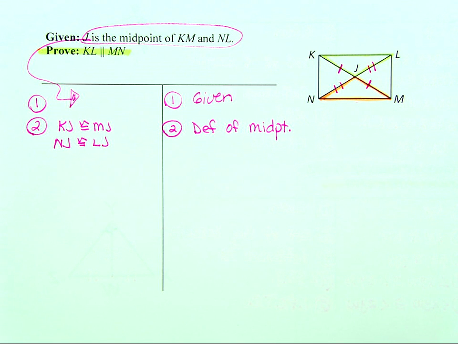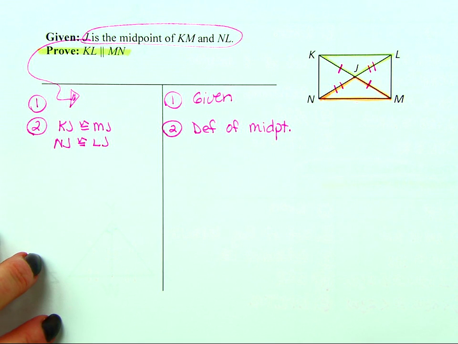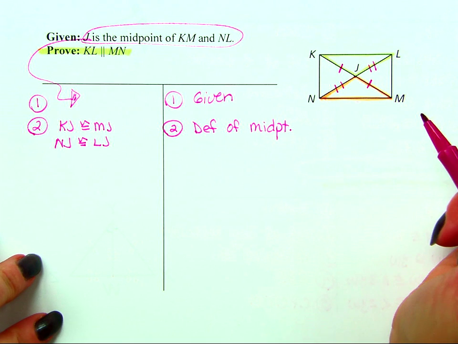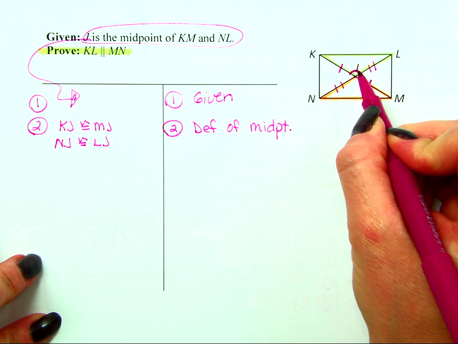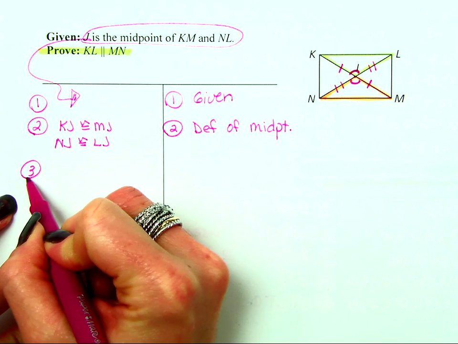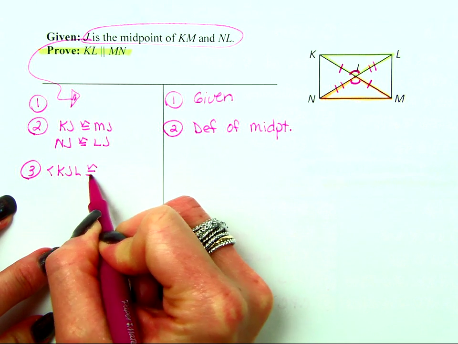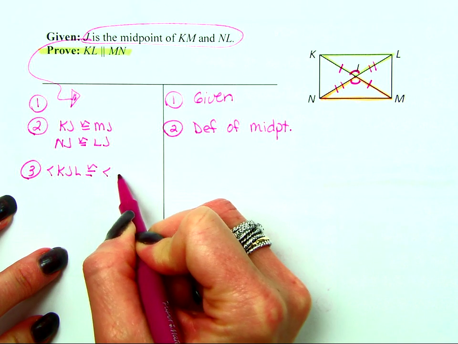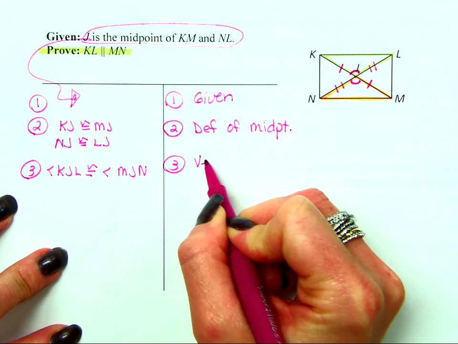Now, had I been given different information to begin with, I may choose different triangles to use. But the reason I'm going to choose those is because do you see that I have some vertical angles in the middle? Now, in order to help me with my yellow triangle and my orange triangle, I'm just worried about the vertical angle here and here. So I'm going to say that my angle KJL must be congruent to my angle MJN because they are vertical.